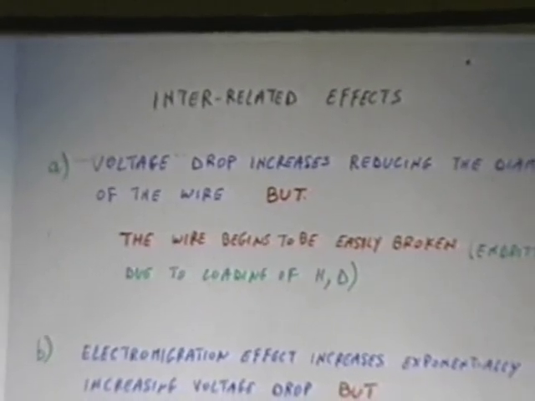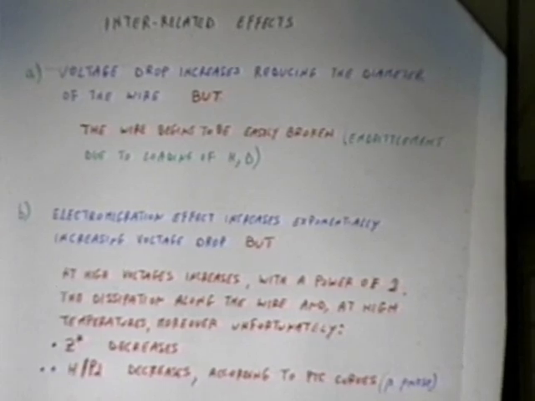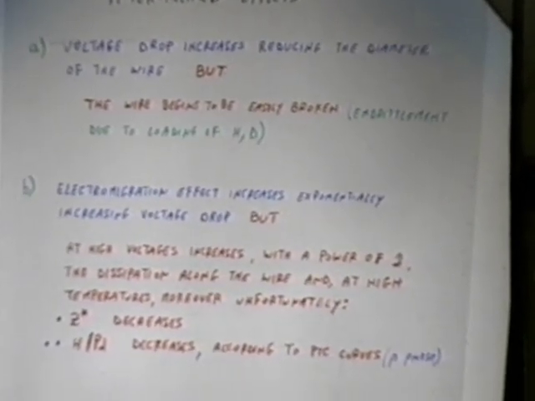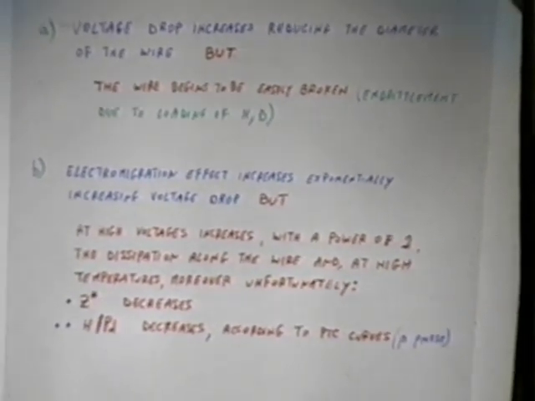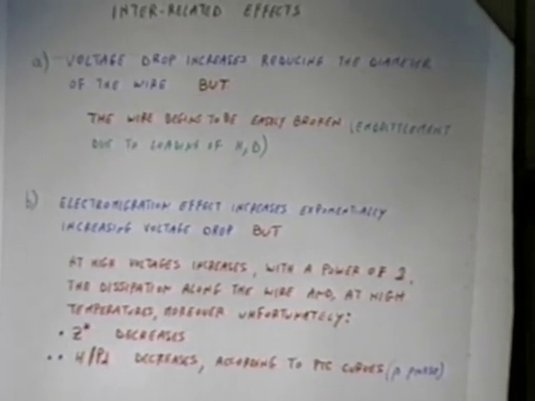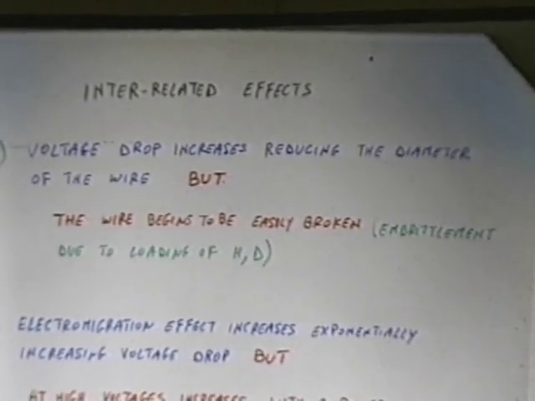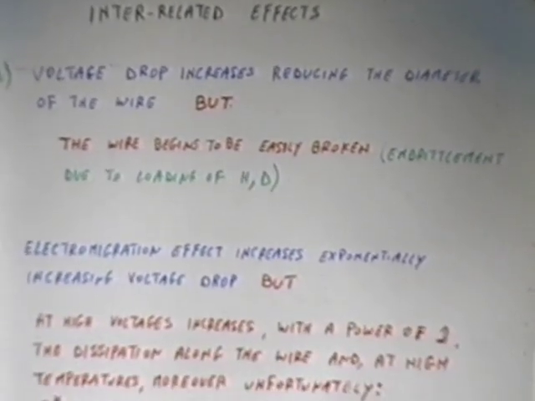The voltage drop increases by reducing the diameter of the wire, but it is too small in our experience. It's easy to break. Moreover, the electromigration effect increases exponentially with increasing voltage drop, but at very large loading, the effective charge of the deuterium decreases, maybe to 1/10 of the original value at low loading.